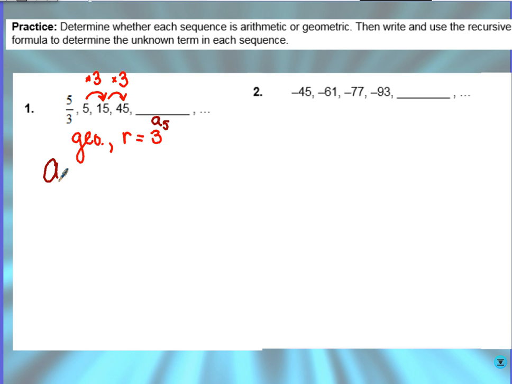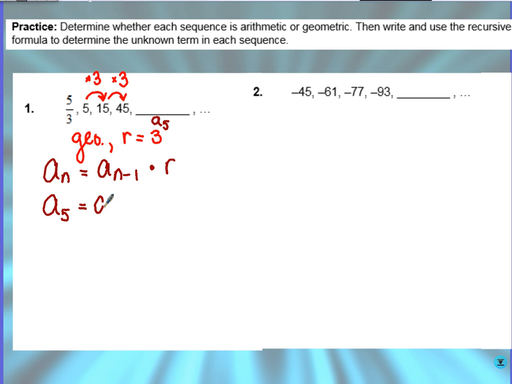So, to get to any term, we will take the previous term and multiply it by r. Now I'm going to start to substitute a couple of numbers that I know. For example, I don't want to get to any term. I want to show how to get to the fifth term, which means that 5 is taking the place of n.